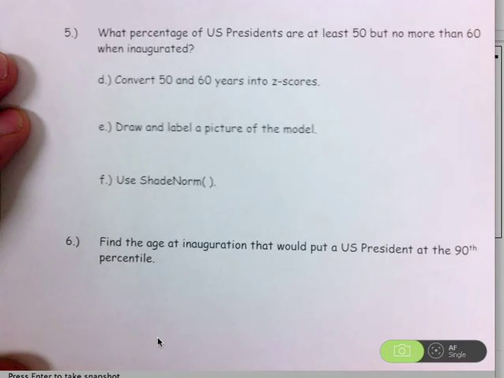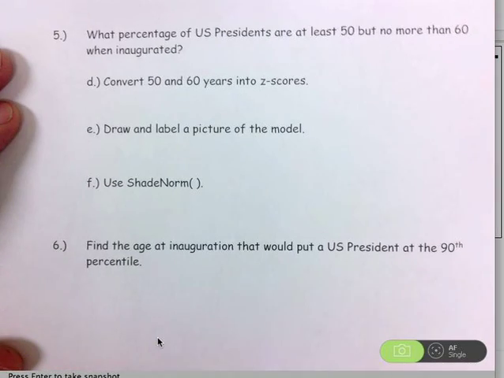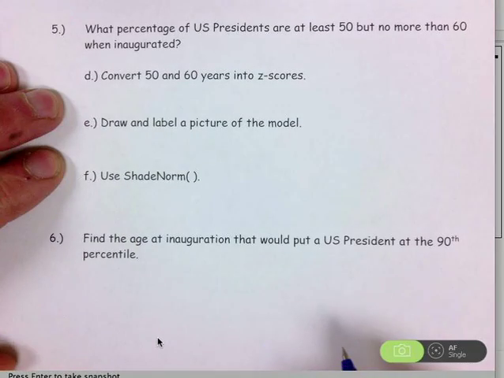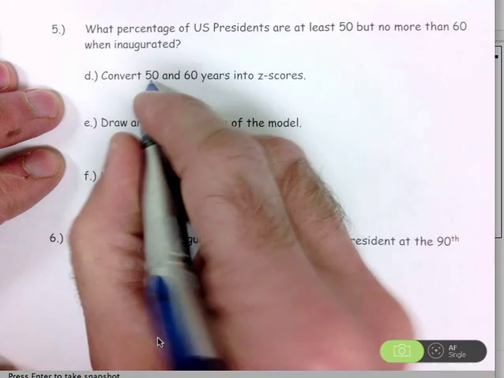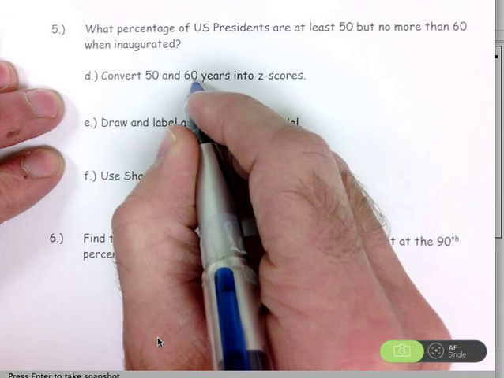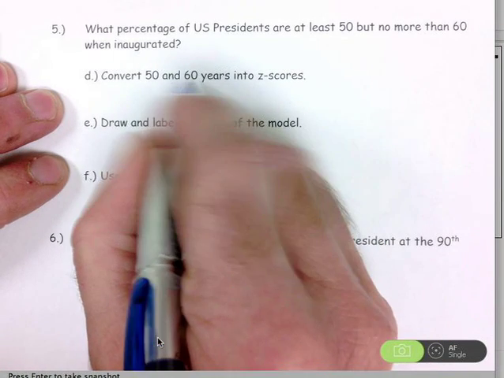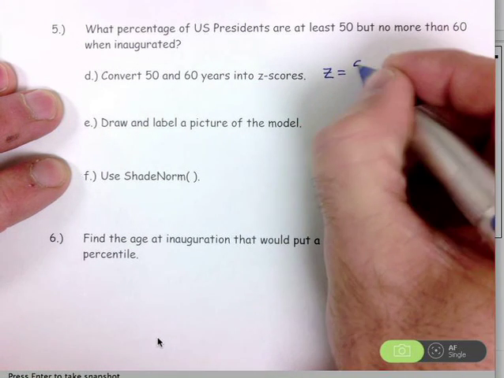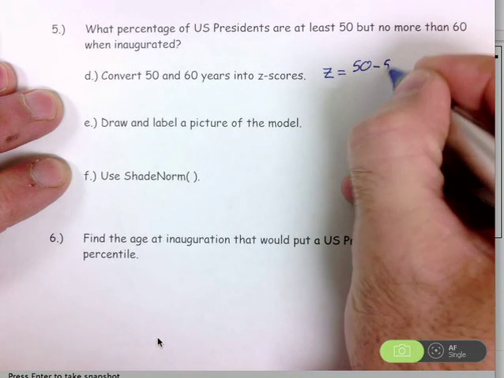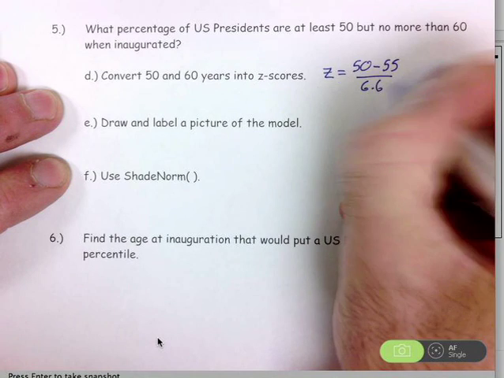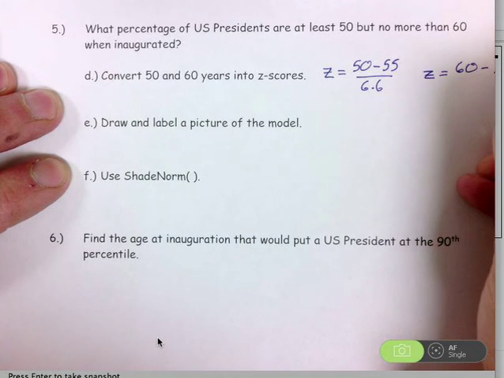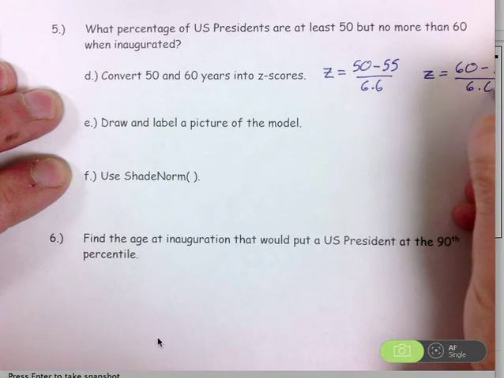What percentage of US presidents are at least 50 but no more than 60 when inaugurated? What makes this question different is now there are 2 z-scores, because I've got a lower boundary and an upper boundary specified by my ages of 50 and 60 years. So I just need to calculate 2 z-scores: a z-score for 50, 50 minus 55 divided by 6.6, and a z-score for 60, 60 minus 55 divided by 6.6.